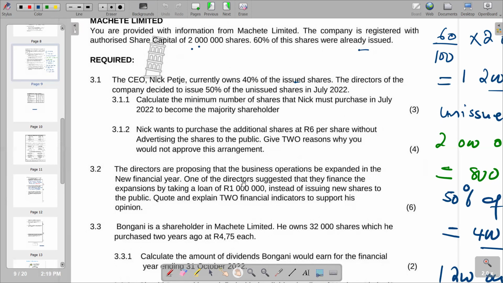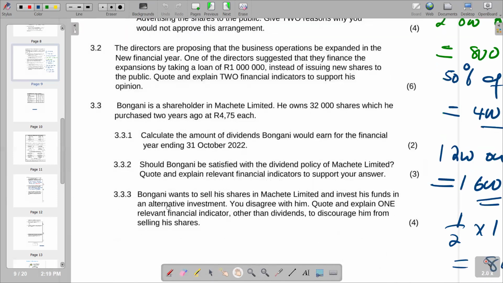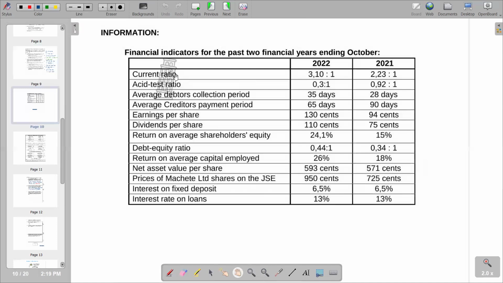So there is an increase of loan, and an increase of loan represents an increase in debt. Remember we have a continuation of the information given in the question. So we are going to use this table to find any financial indicator that can support the increase in loan, which is an increase in debt.